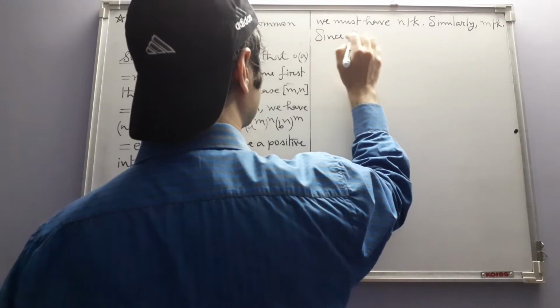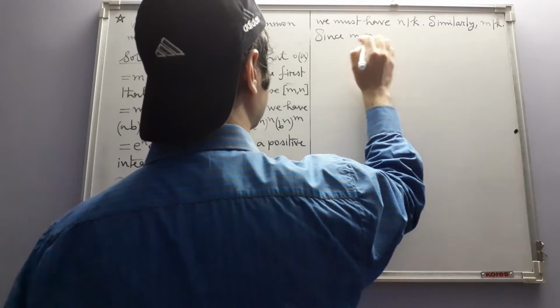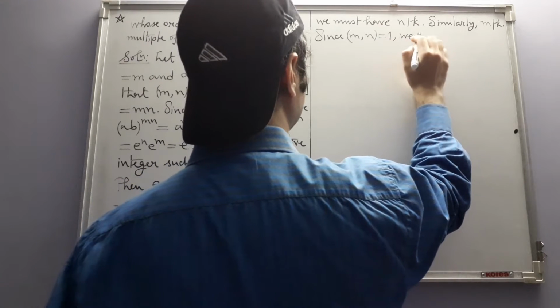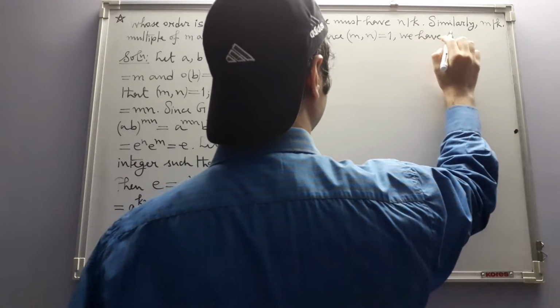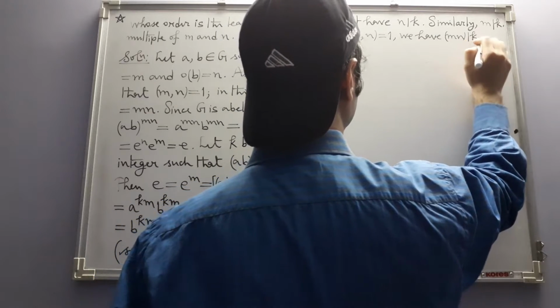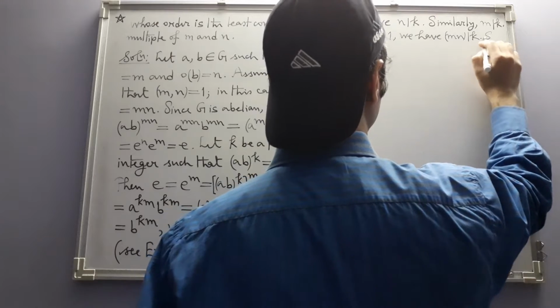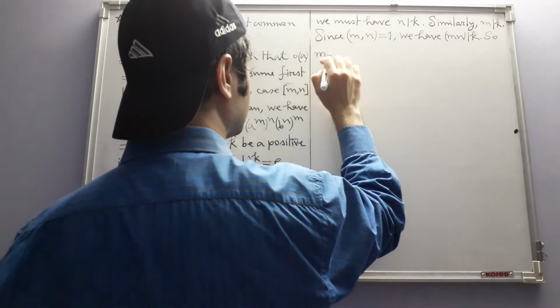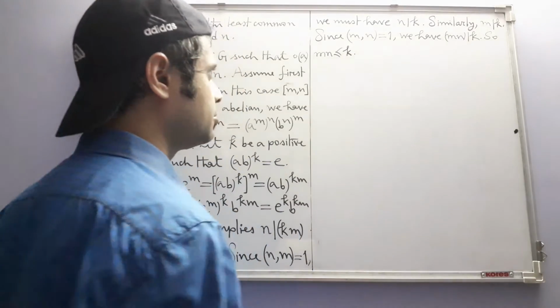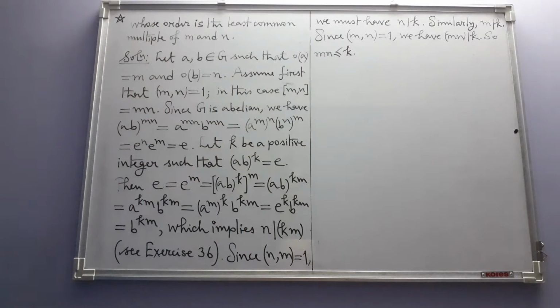Again, since m and n are relatively prime, we have mn divides k. So mn is less than or equal to k. Because k is a positive integer, mn is a positive integer, it divides k means it has to be less than or equal to k.